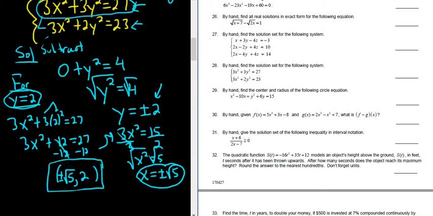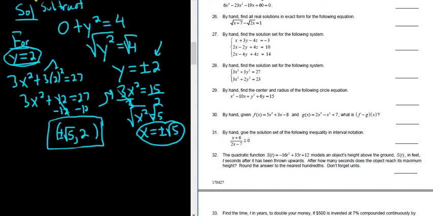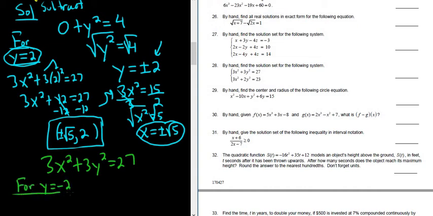To find the other answers, we have to do the same thing, but for negative 2. So let me write down the first equation again. It was 3x squared plus 3y squared equals 27. And so now for y equals negative 2, we do the same thing. We do 3x squared plus 3 times negative 2 squared equals 27. Then we get 3x squared.